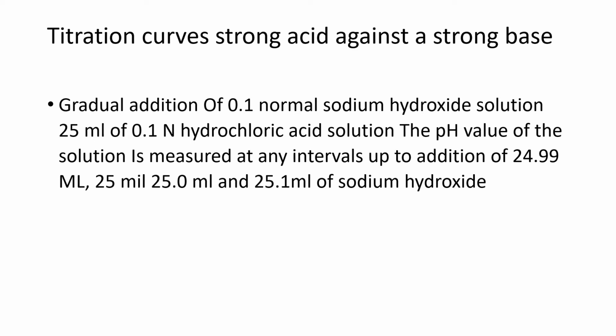As you know, if you take acids and bases, they can be of four types: strong acid versus strong base titration, strong acid versus weak base, weak acid versus strong base, weak acid versus weak base.